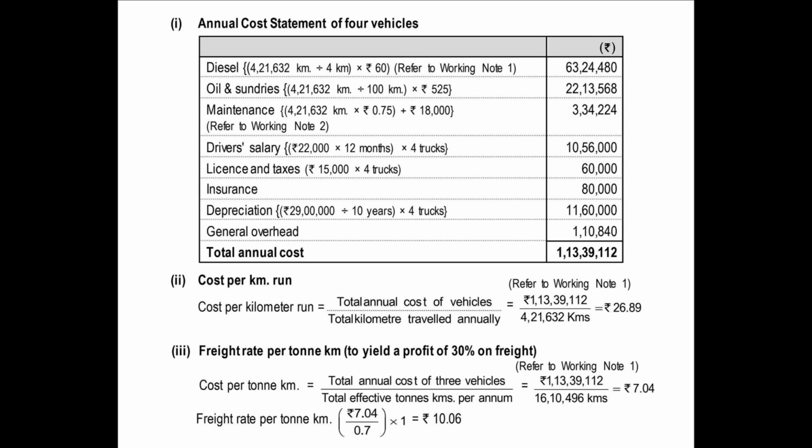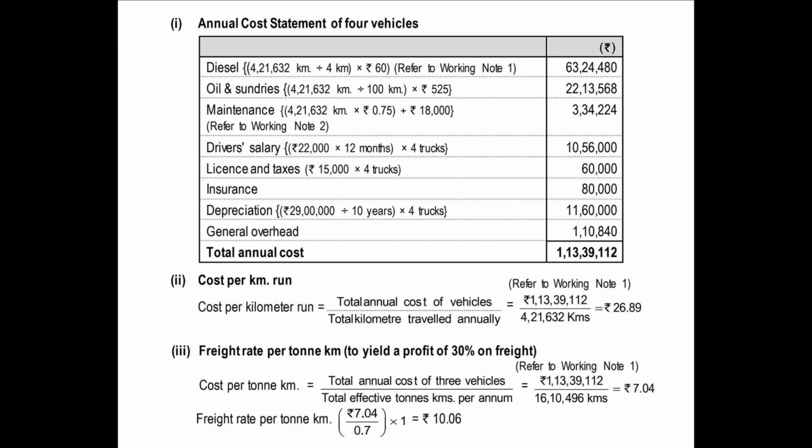Now we can calculate straight away. Cost per 10 kilometers is equal to total annual cost of 4 vehicles divided by total effective tons kilometer per annum. Total annual cost we have already calculated, update from the table above: 1,13,39,112.